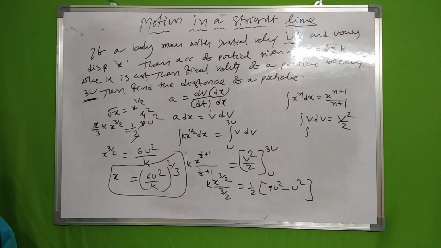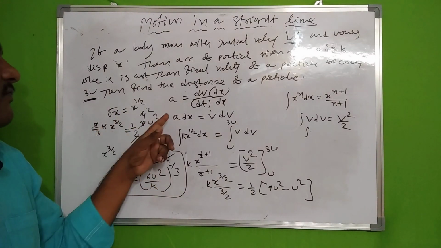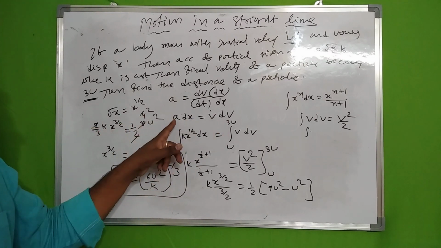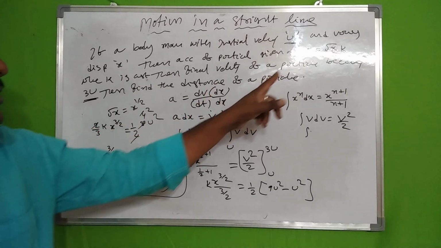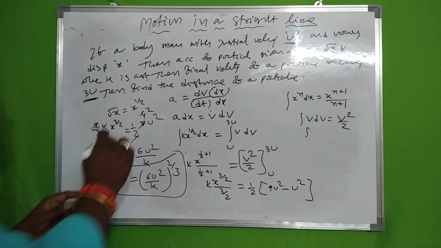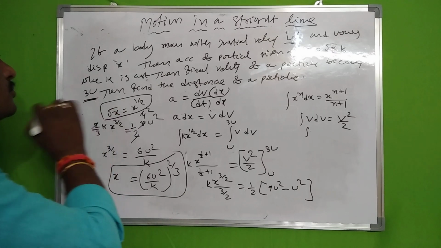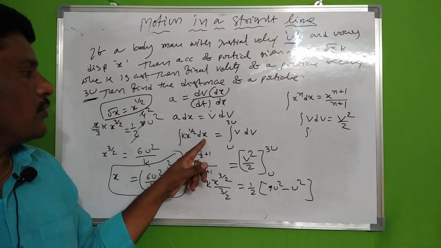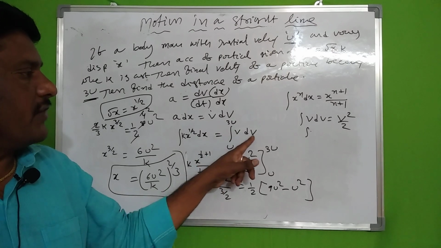According to the statement, we can apply the instantaneous acceleration formula, a dx equals v dv, where a is root x k, written as k x power 1 by 2. So k x power 1 by 2 dx equals the integration of v dv.